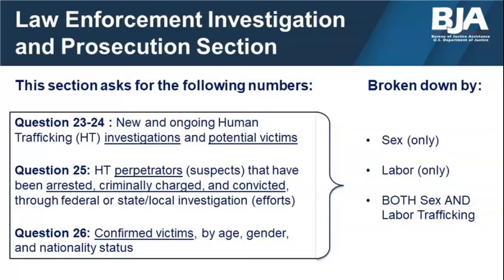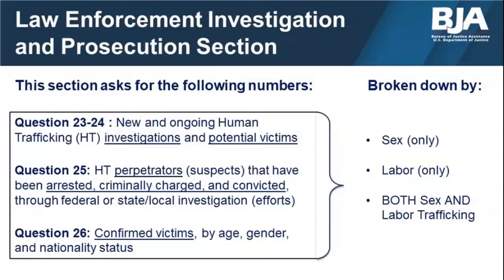Now, let's take a closer look at that law enforcement investigation and prosecution section. I've basically put here an overview of the type of data points that we'll be collecting through this section.